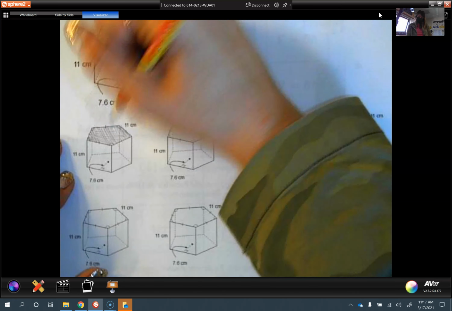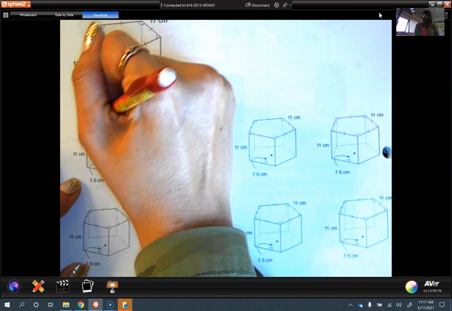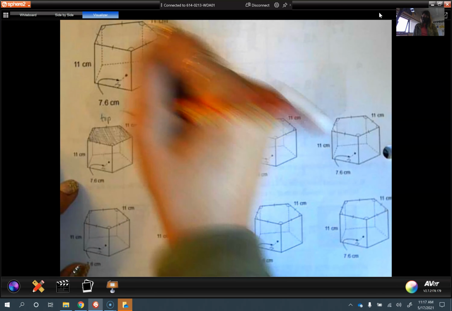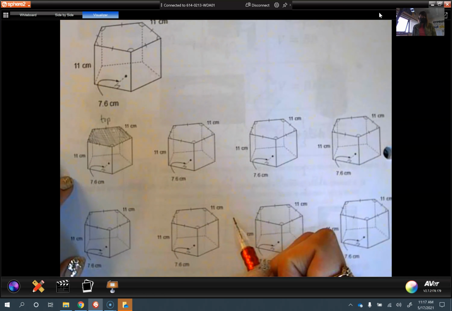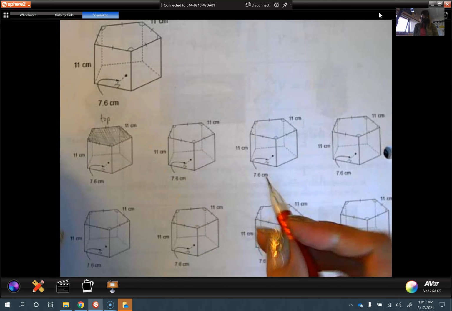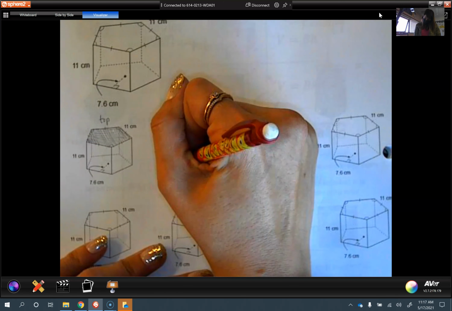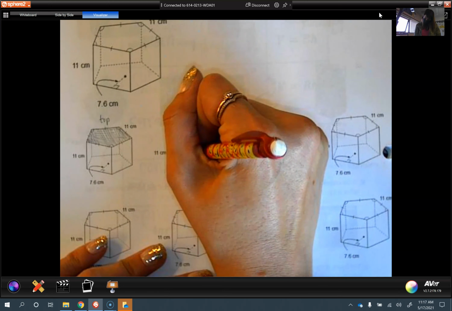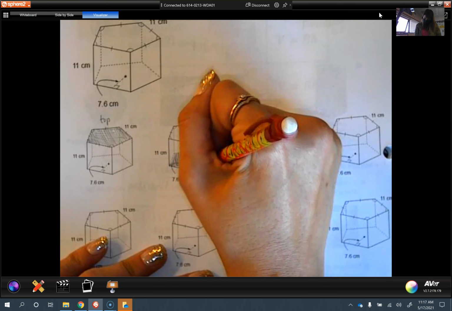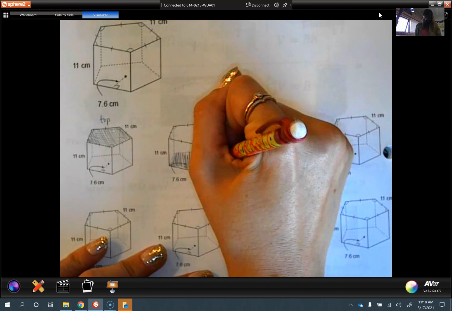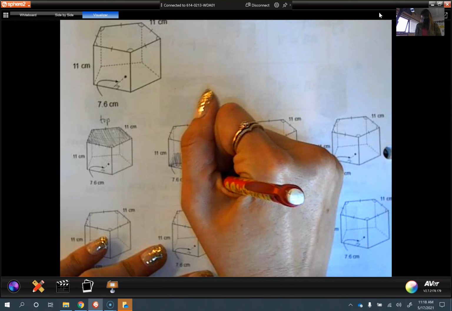I would say that this is the top. So that's one face. Okay, well then that means the bottom is a face. So I'm going to color in the bottom on the next shape. So the bottom is a face.